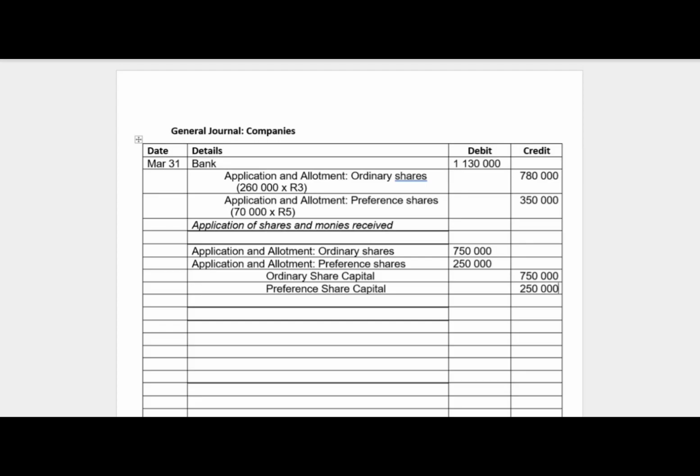Then we are done with the allocation. And then when you narrate, because they said you must narrate, you're going to say allocation of shares to shareholders. Allocation of shares to shareholders. Then you are done with the allocation of shares.